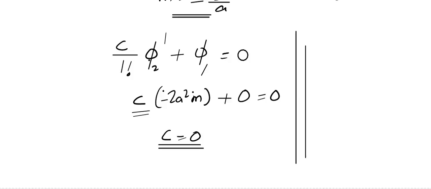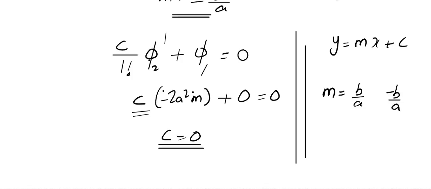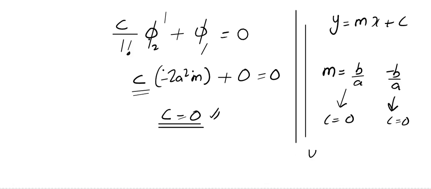So y is equal to mx plus c is the required equation. We found m equal to b by a and minus b by a. Whatever we plug in here, we get c equal to 0. So the answers are y equal to b by a into x and y is equal to minus b by a into x.